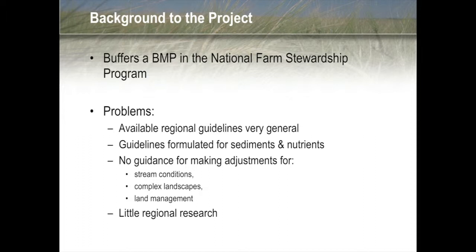And under that program, buffers were a BMP that was available for funding and technical assistance. Immediately we started getting a lot of questions, mostly in the prairies, about what do we tell people? The most frequent question always was, how big should the buffer be? What do we recommend in terms of sizes?